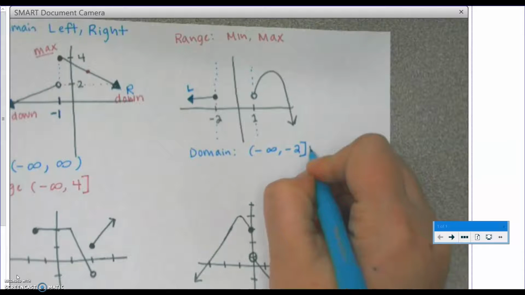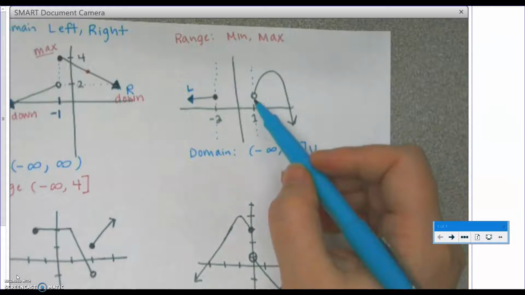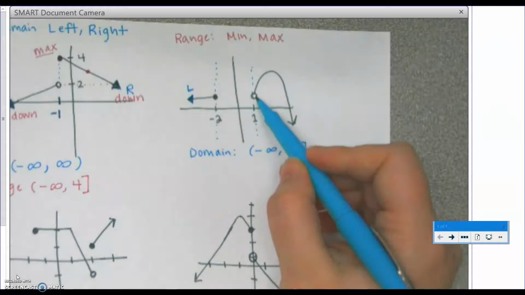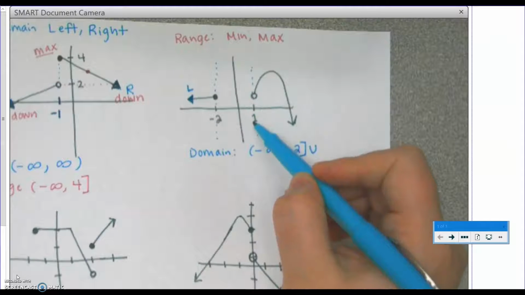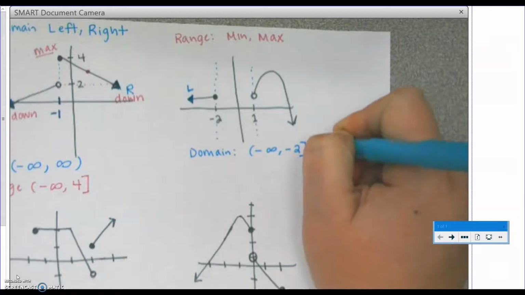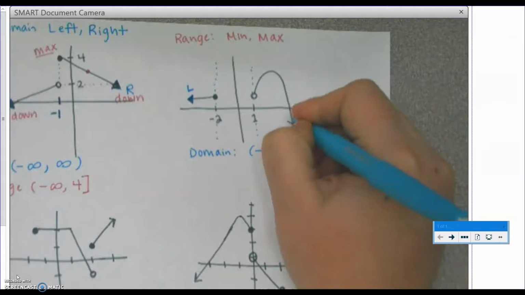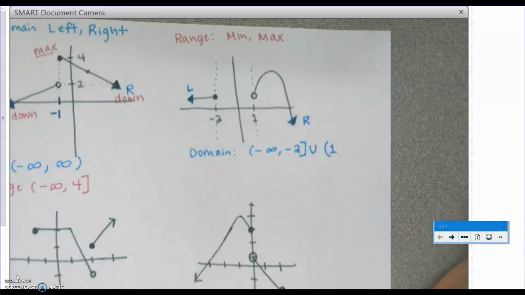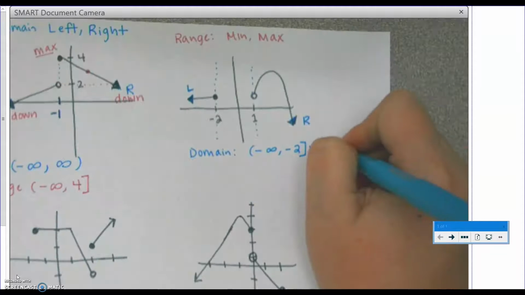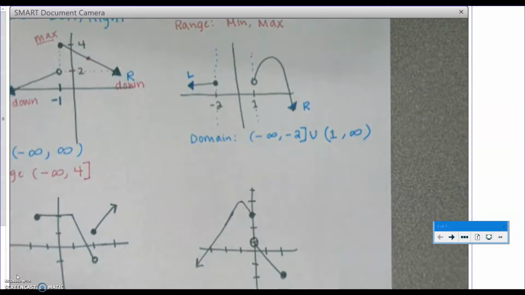And then this little symbol is like a U, and it basically just means we're about to join another part of the answer. So for my other piece, the furthest to the left that this piece goes is 1. That's an open circle, so it gets a parenthesis. But I do have an arrow here that's going to continue to the right forever and ever and ever. So there's the domain.